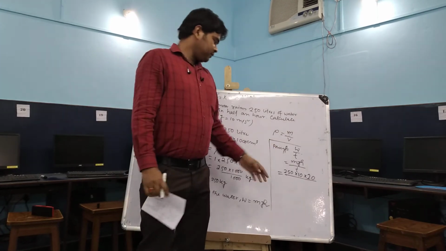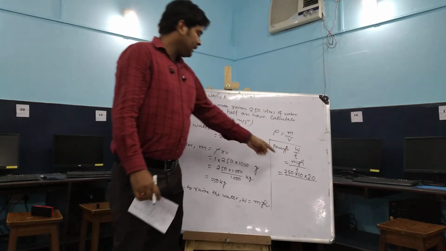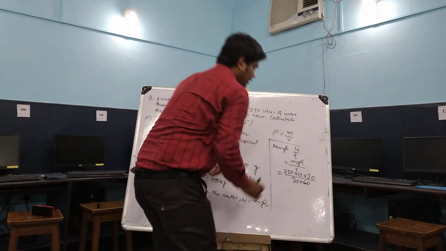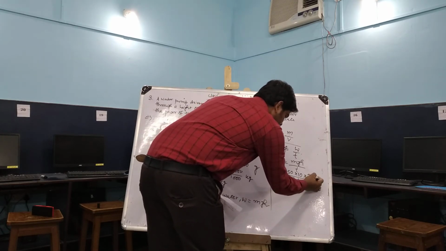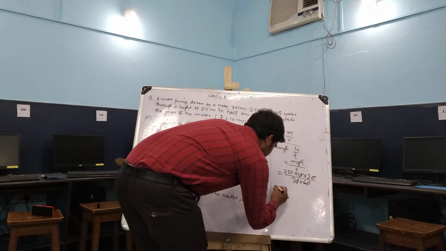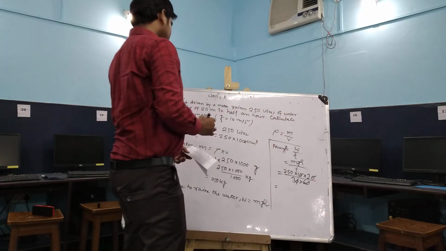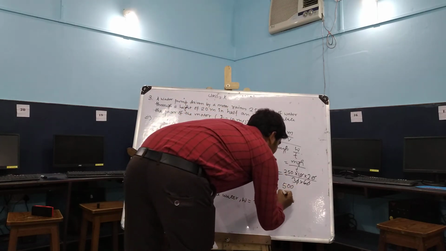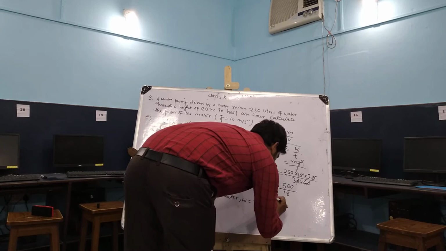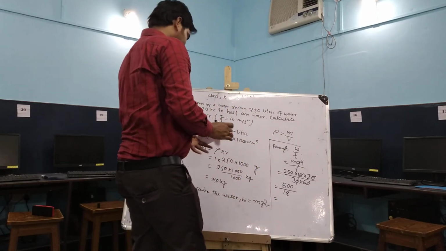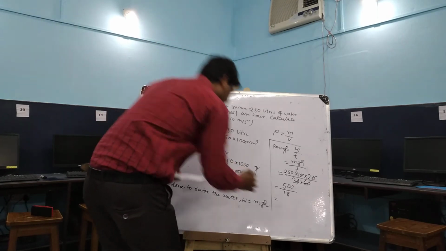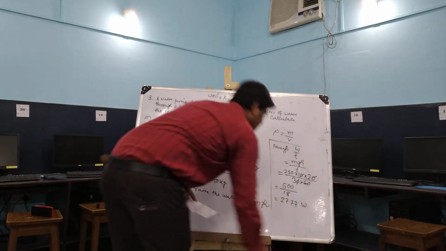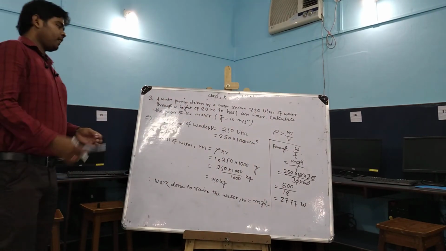We have to convert half an hour into seconds because time is always in seconds. So 30 minutes is 30 into 60 seconds. From this calculation, we will get 27.77 watt. This is the power of the motor.